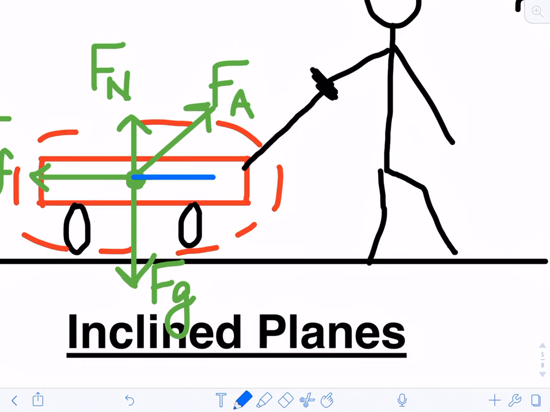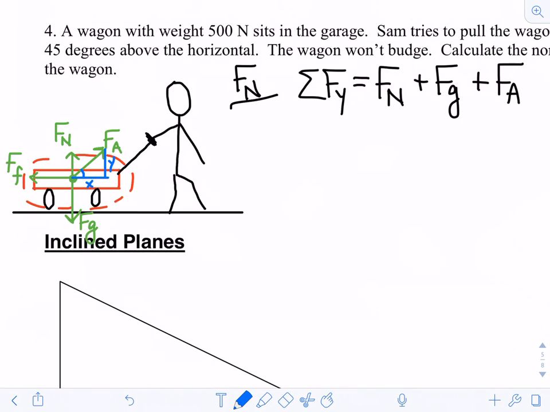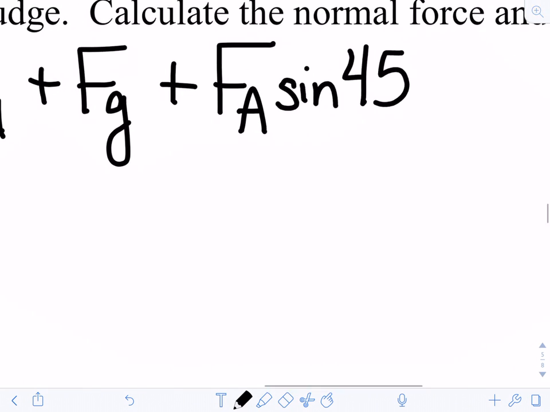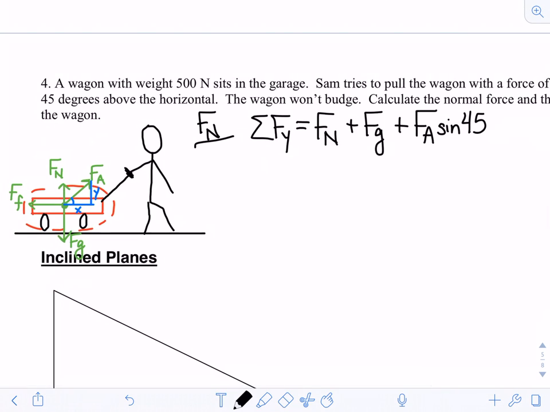So if we actually show those little x and y components, we see that our 45-degree angle must lie right there. This is our x component, this is our y component. And we can calculate that y component of the applied force from Sam by doing FA times the sine of 45 degrees, since the y component is opposite the 45-degree angle that we know.